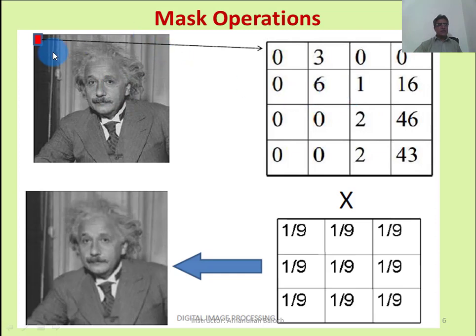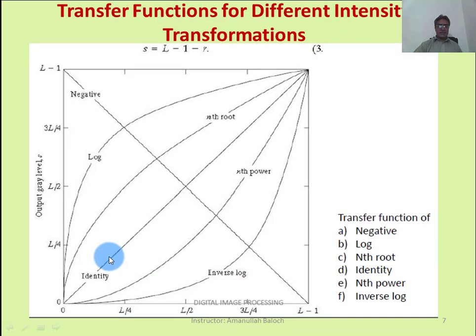But I have taken a small part, and these are the 4x4 matrix of gray values belonging to this small portion, and these gray values are multiplied with this mask and converted into this image. We understand this concept in the next slides.